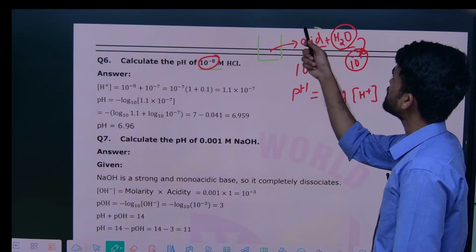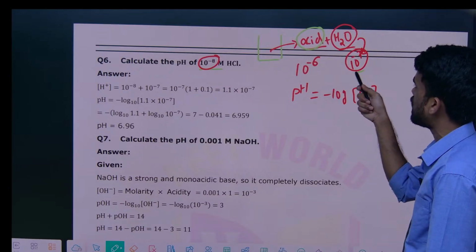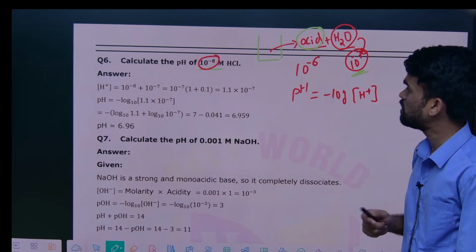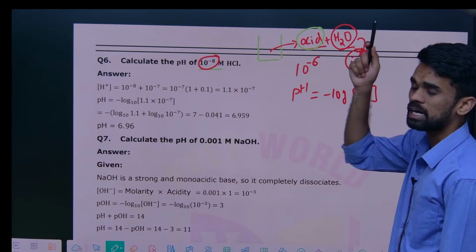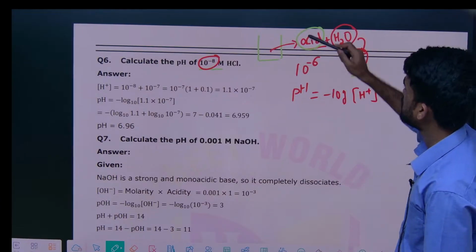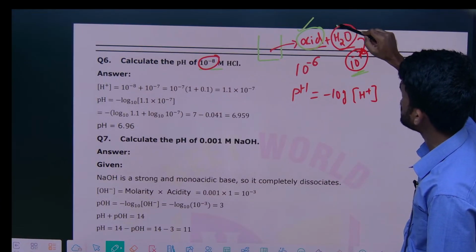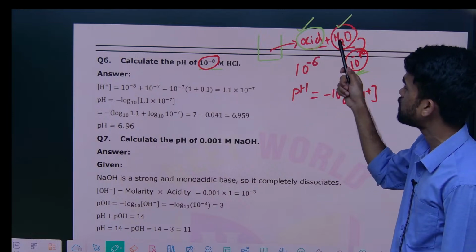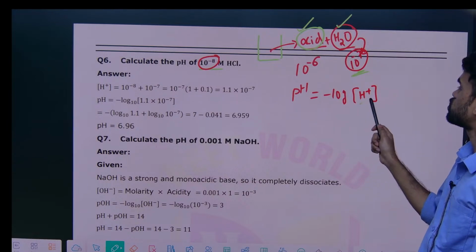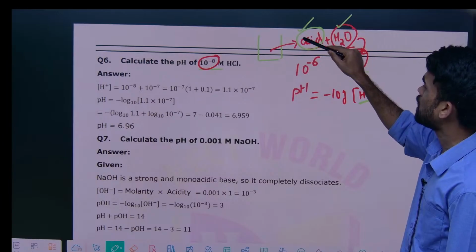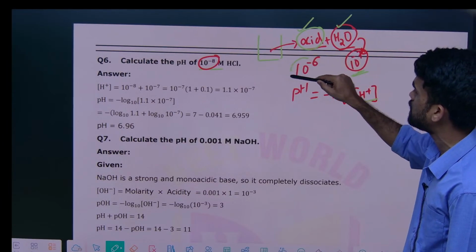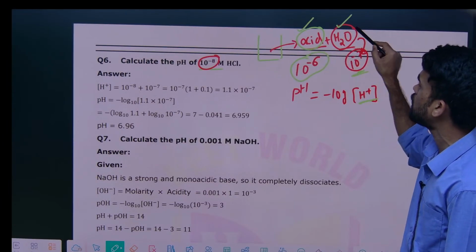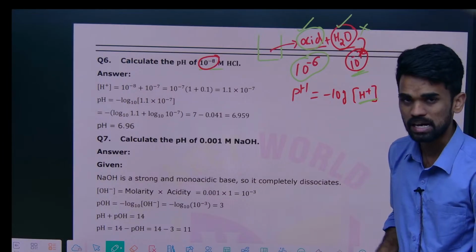Now if the acid concentration value is less than the value of water, then you need to take the H plus ion concentration coming from acid as well as from water, and take the sum of those two values and substitute over here. Only if the acid concentration is greater than 10 power minus 6 do you not need to take the water H plus ion concentration.